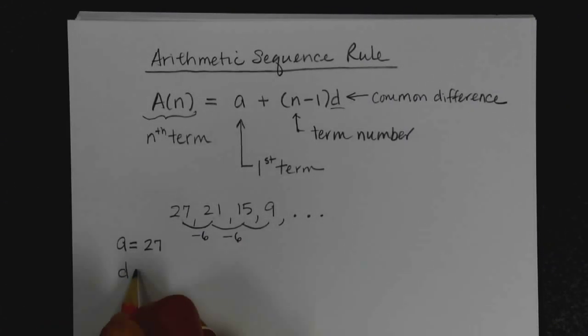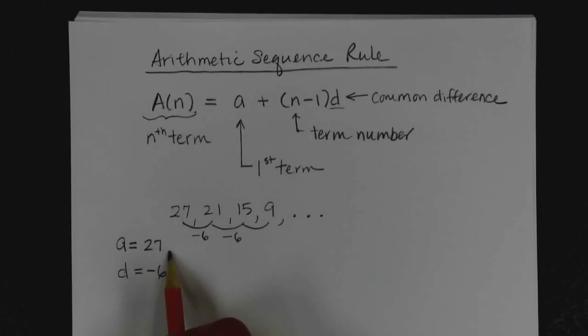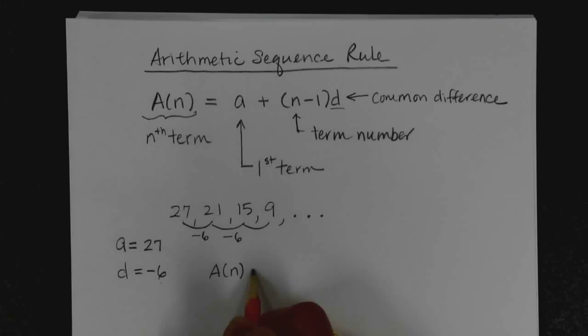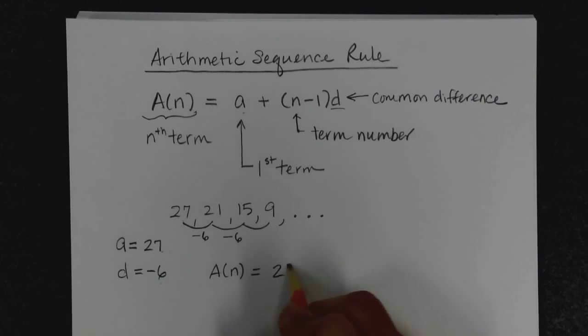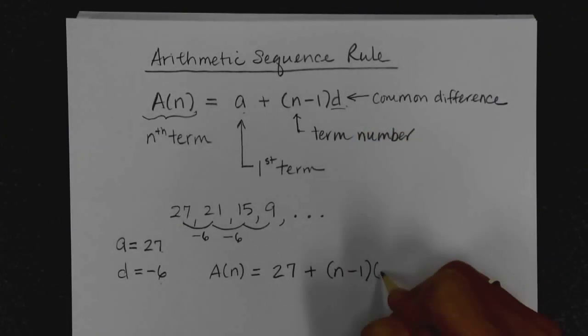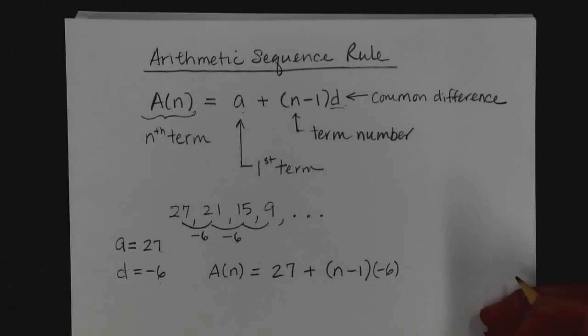So my common difference, d, is negative 6. If I know a and d, I can write the function rule: a of n equals 27 plus n minus 1 times negative 6. This equation will give you any term in that sequence.